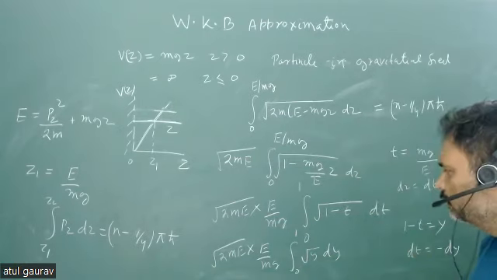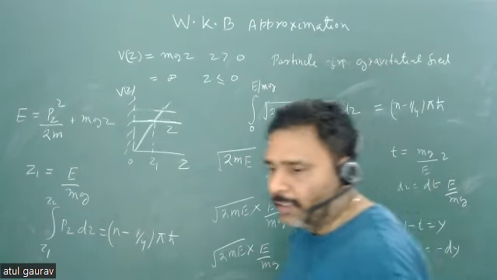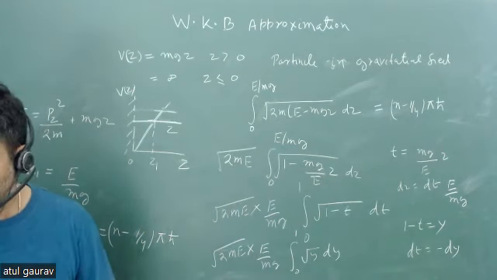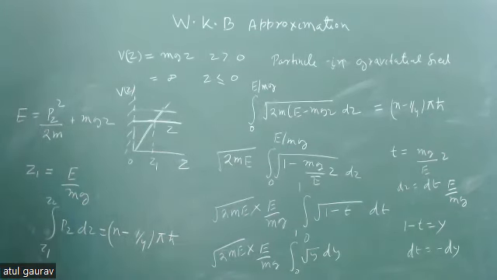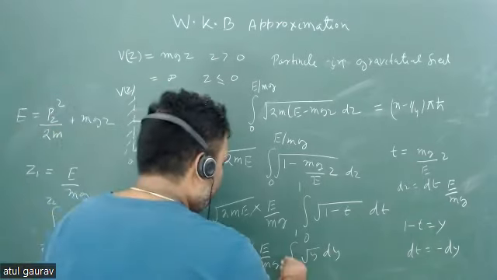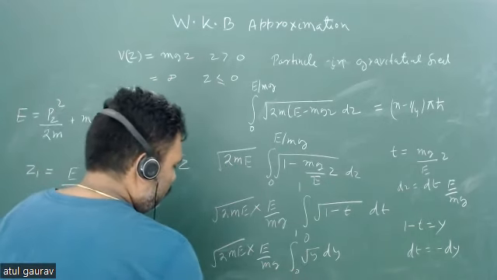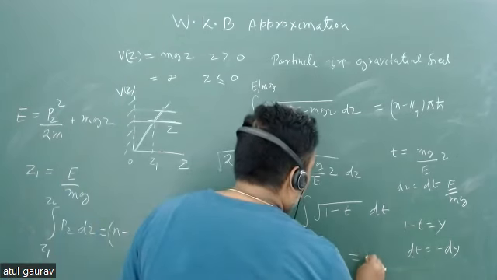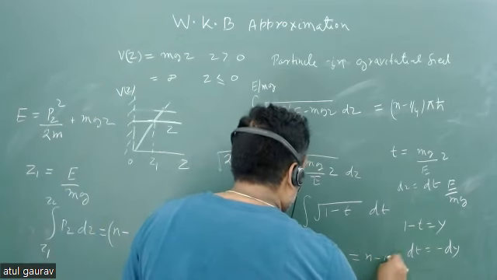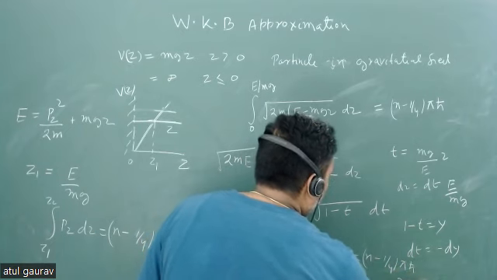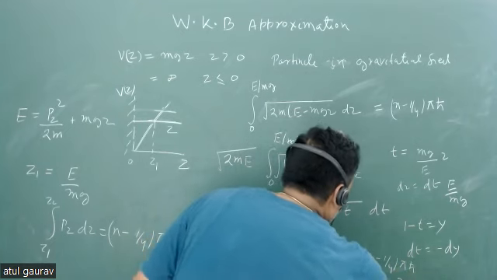And what is this integration? This is linear inside, so you can put y for the whole thing. Are you getting my point? Yes, sir. So what will be this integration? 2 by 3, isn't it? And that value is equal to (n minus 1/4) pi h cut, where n is equal to 1, 2, 3.